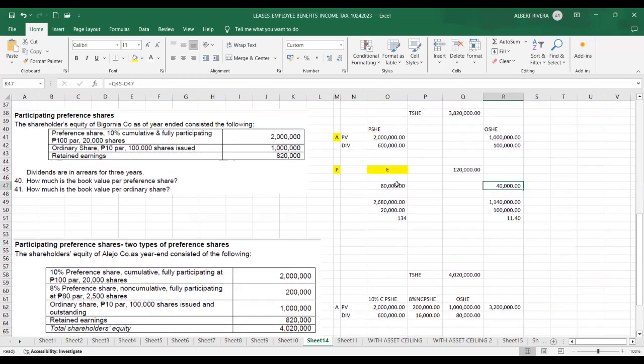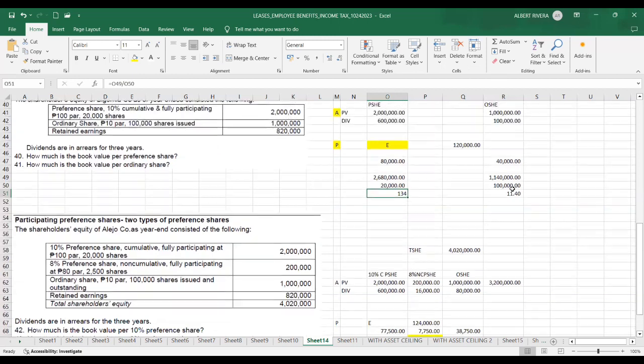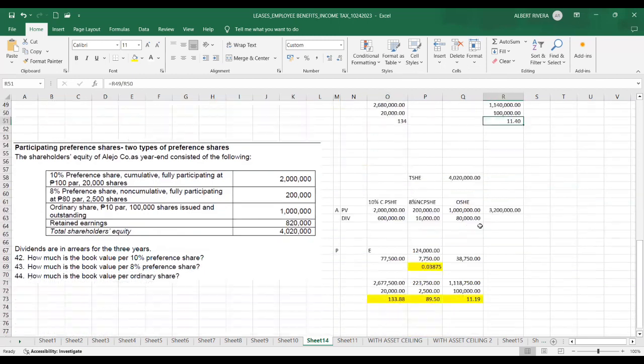So the total here is 2,680,000. And the total here is 1,140,000. Divided by the number of shares outstanding, which is 20,000 for preference and 100,000 for ordinary. So the book value per preference share is 134 and 11.40 for ordinary.